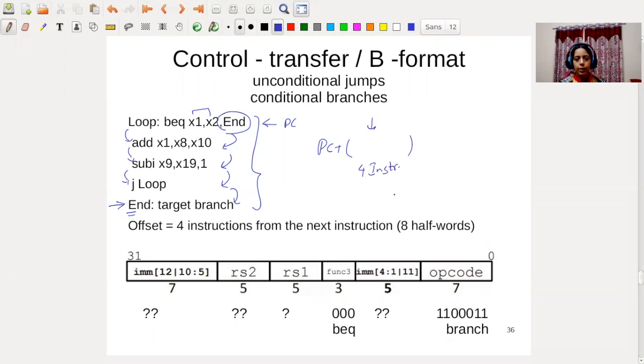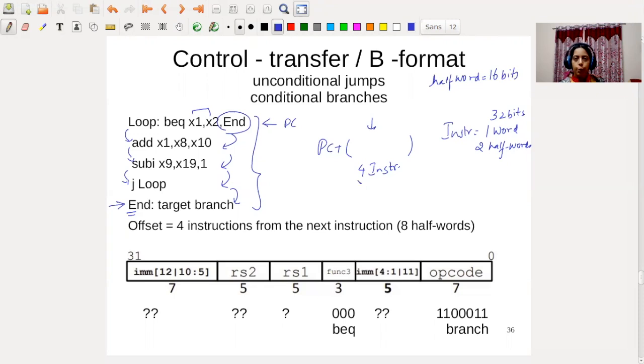So now 4 instructions, what does that translate into half words? Each instruction is 1 word, because each one is 32 bits wide, or this is 2 half words. So half word is nothing but 16 bits.